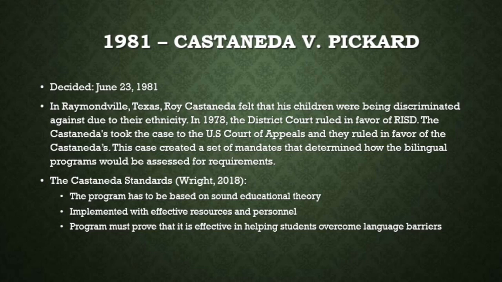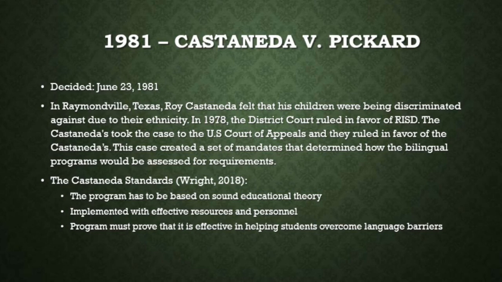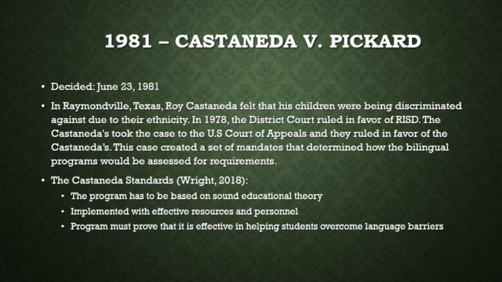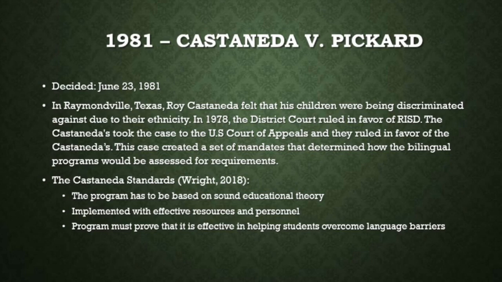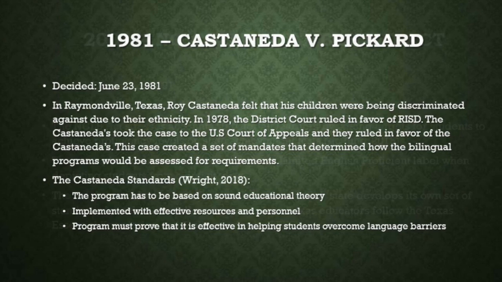However, the program has some faults. The first two standards can justify any program, and under the third standard, a certain amount of time has to pass to determine if a program is adequate or not. Despite these shortcomings, the Castaneda standards have successfully rectified inadequate ELL programs throughout the time of its use.